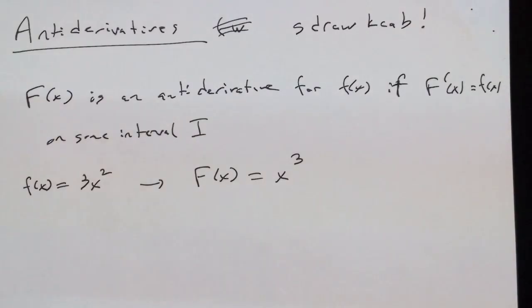That's not what we actually said with the mean value theorem, because there's an important word in that definition up there. F of x is an antiderivative, not the antiderivative. There's more than one.